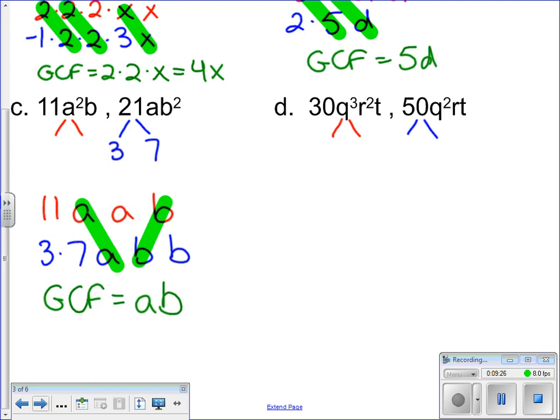30. Let's see. 3 times 10. 10 is 2 times 5. 50. 5 times 10. 2 times 5.